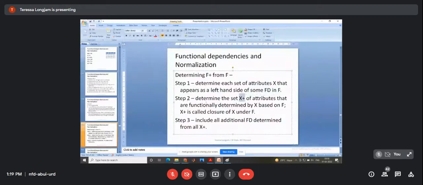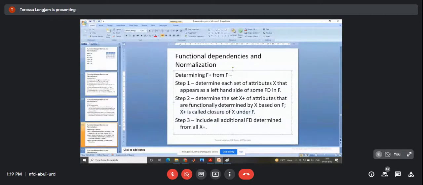The second step is to determine the set X plus of attributes that are functionally determined by X based on F. So we will get this X plus based on the given F. I'll tell you later how to find this X plus, but for now, the steps for finding F plus from F are: first we determine X, then we determine X plus, that is the closure of X under F.